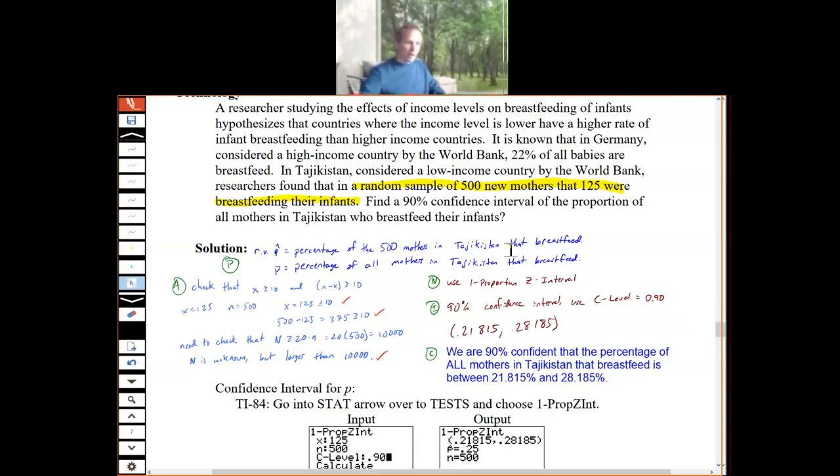Okay. Now, the reason that I capitalized all here is because when we're writing our conclusion for a confidence interval, we're not talking about the sample of 500 mothers. I don't need to know anything about confidence intervals or interval estimates. I can say that in that sample of 500, it was exactly 25% of mothers who breastfeed. End of story. I don't need any sort of guesswork, confidence intervals. I don't need anything more complicated than what we did in our first couple of sections of stats. What we're doing here is using that interval to tell us about the whole population.